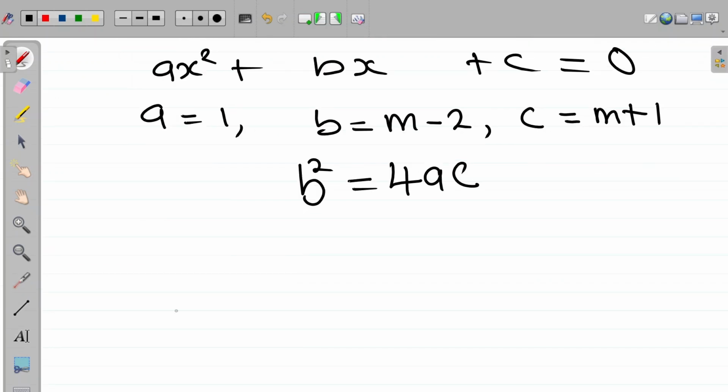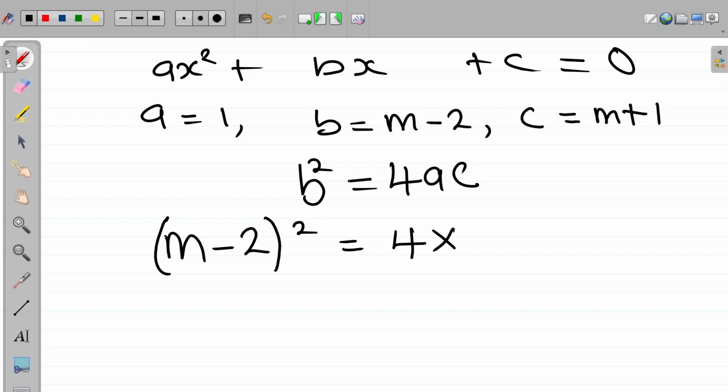So the equation becomes (m minus 2) all squared equal to 4 times 1 times (m plus 1). Now at this point, let us open up the bracket in our left hand side.